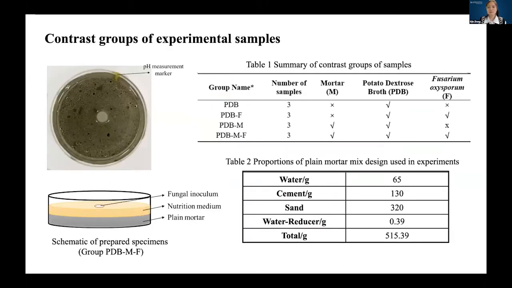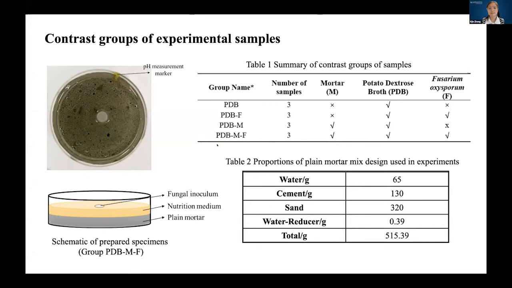In order to investigate the feasibility of the fungi-mediated self-healing technique, first we investigate the interaction between fungi and the mortar. Here we prepare 4 control groups. The PDB is the nutrition to support fungi growth, M is the mortar, and F is the fungi we inoculate here.